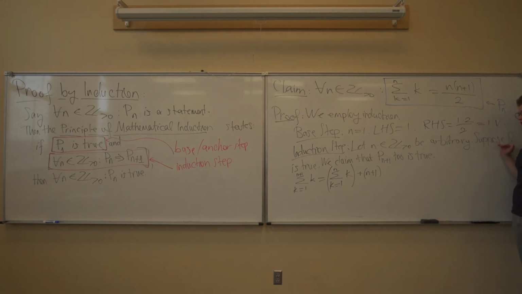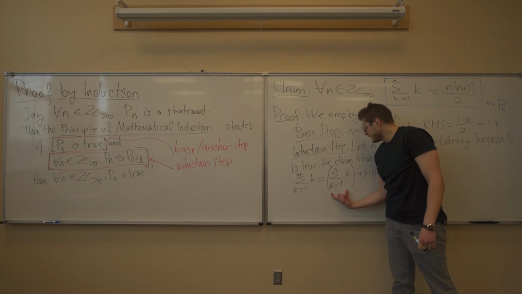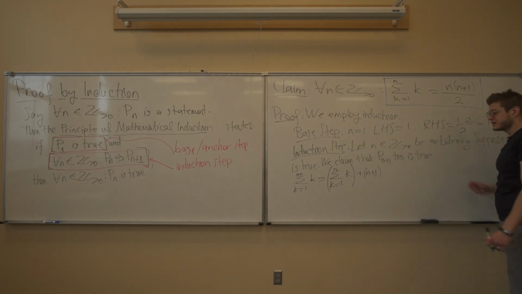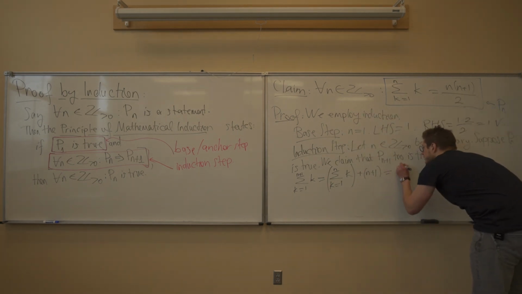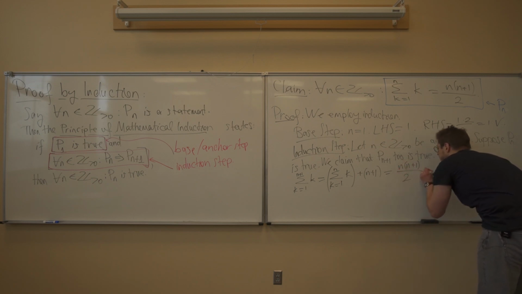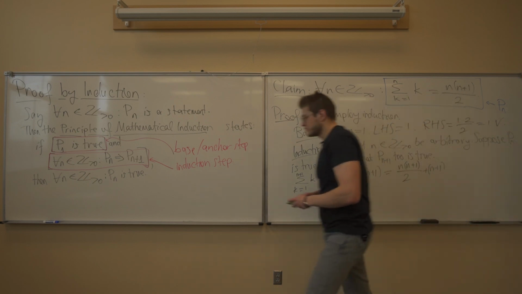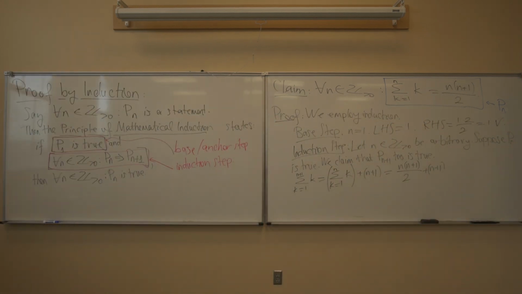But I assumed that P sub n is true, which means that I'm allowed to replace this expression by the corresponding expression. So this is because we assumed P sub n is true.